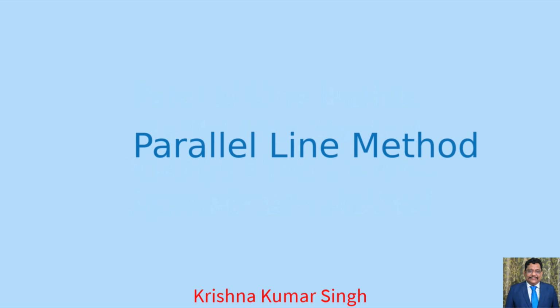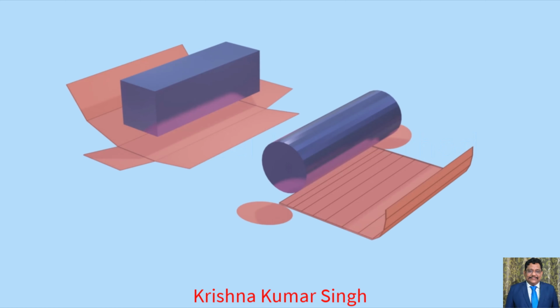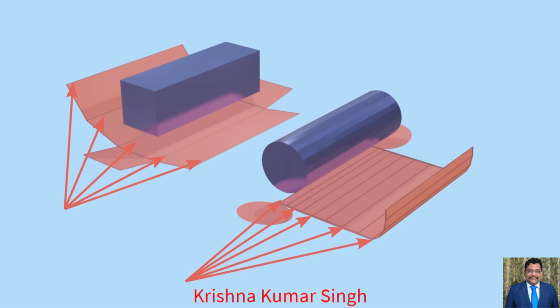Firstly, let us see the parallel line development method. Parallel line development method uses parallel lines to construct the expanded pattern of the 3D object. This method divides the surface into a series of parallel lines to determine the shape of the pattern.